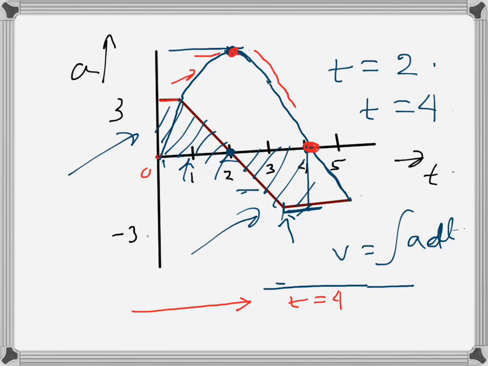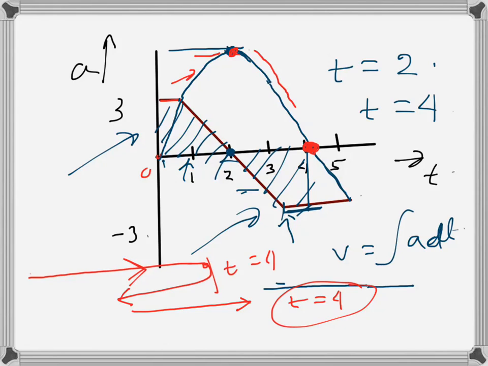So the particle is farthest from the origin at t is equal to 4, because up to then the particle is moving in this direction, at this point it has stopped and then turned back in this direction. So this is t is equal to 4 when it has turned back, and at t is equal to 2, somewhere there the velocity was maximum, v max, and after that the acceleration was in the negative direction, so it was still going in the same direction, but the velocity was decreasing slowly, as we can see here.